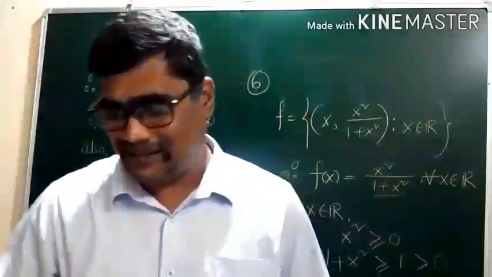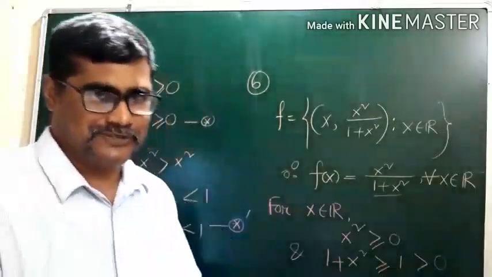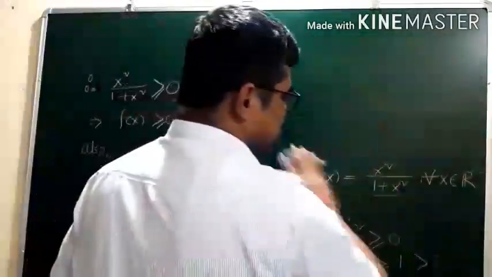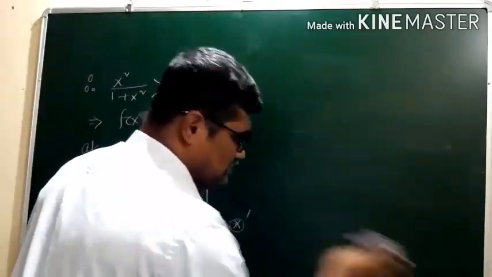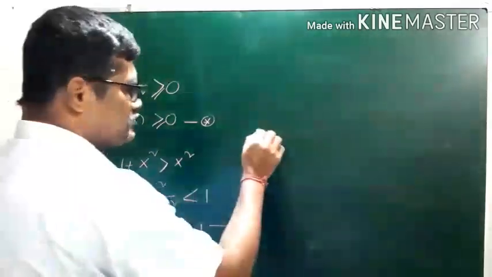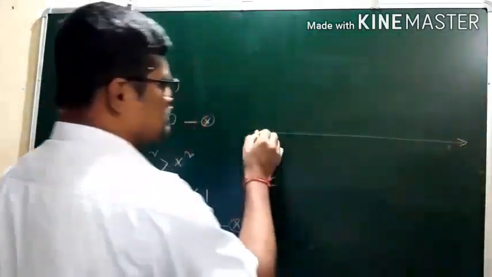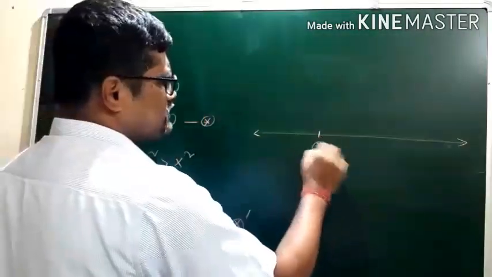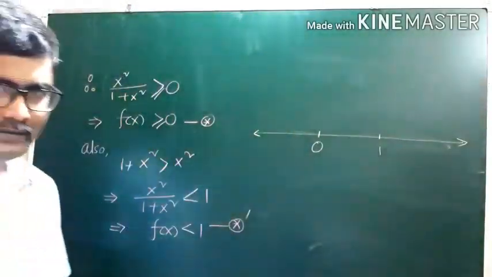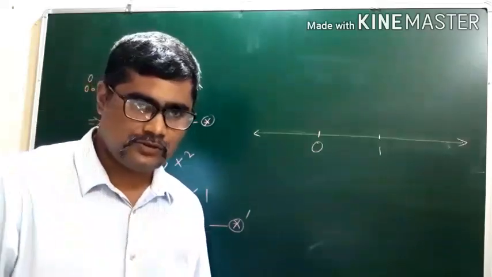Now I am at a stage where I can conclude the final range. How? Combine those two. I am just drawing the number line and comparing. It is always helpful if you draw the number line. One point is 0 here, another is 1. The first one says f(x) is greater than or equal to 0.